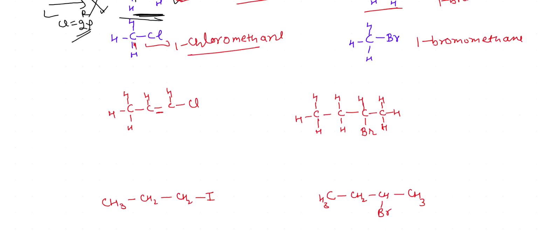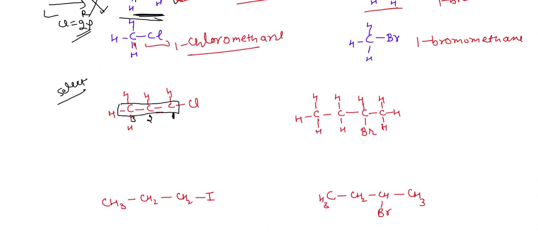So I have already told you, select the longest chain. Clear? Longest chain. The second is to give priority to the functional group and lowest locant number. So start the numbering from the right hand side, 1, 2, 3. It contains 3 carbons. And the numbering is from right to left.